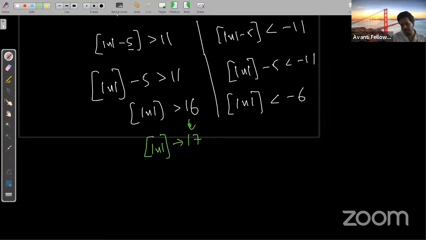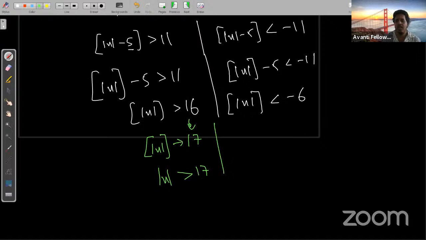It should be 17 or more than 17. When the inside one is always greater than or equal to 17. So if step x is greater than 16, x should be greater than or equal to 17, right? Very, very important one this is.